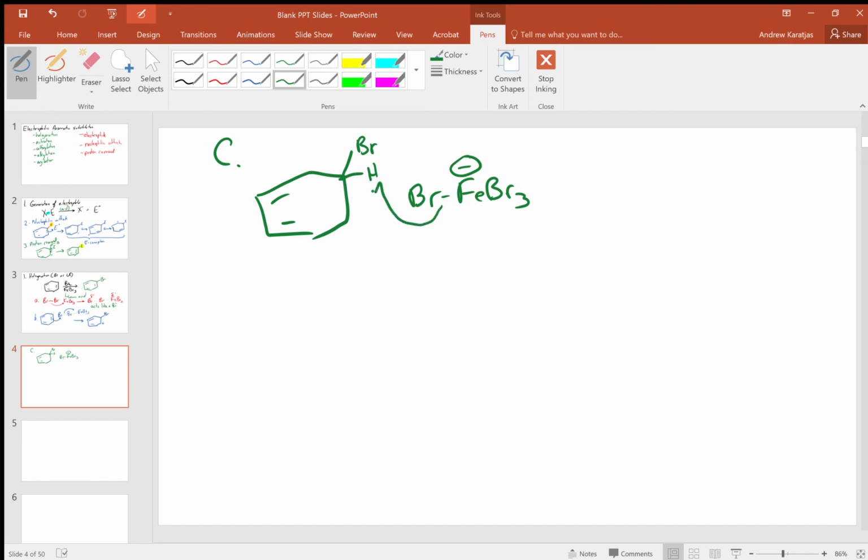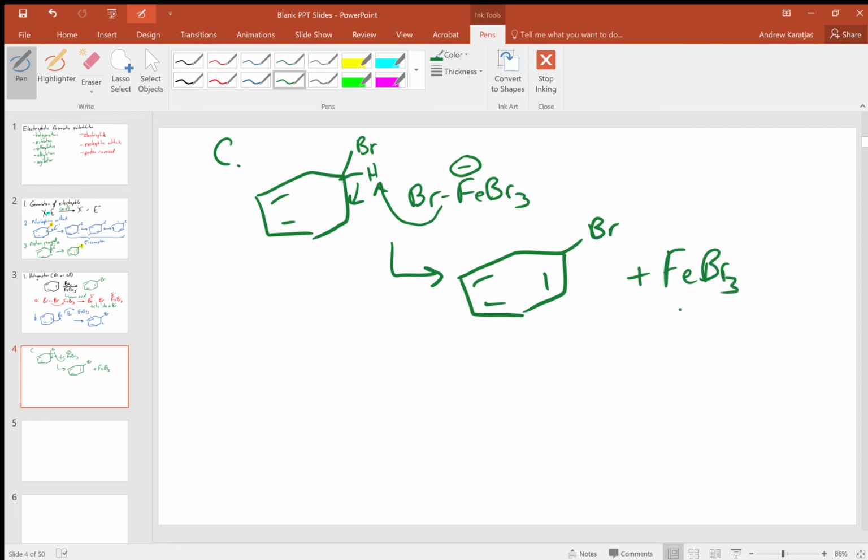So that grabs our hydrogen, we can shift our electrons down, and we form our product. Now you'll also notice here, as a byproduct, we reform the iron bromide. So that tells us that this species is catalytic in the reaction, and then we get HBr as a byproduct.